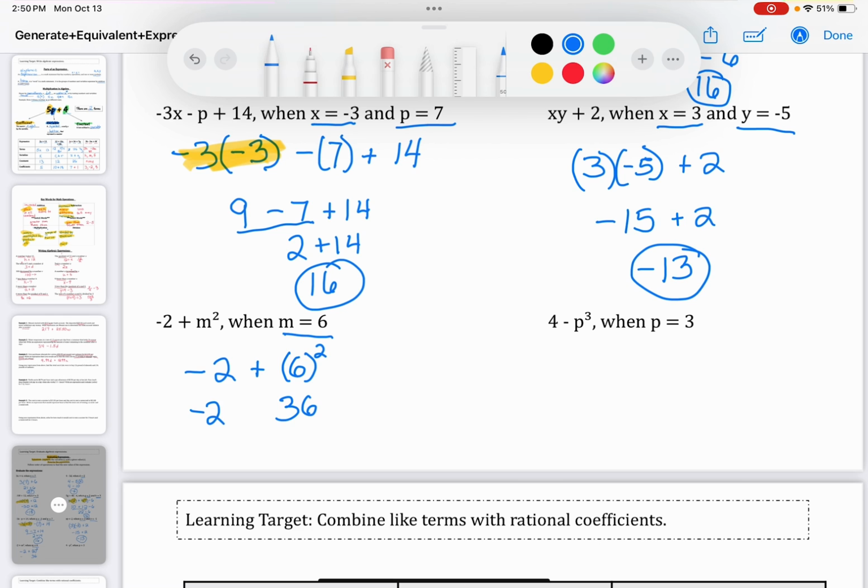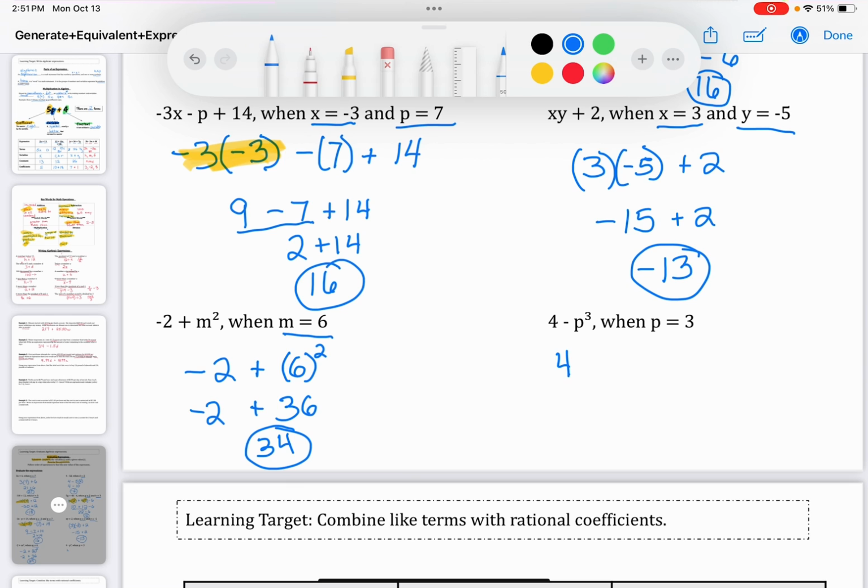So negative 2 plus 36 will be 34. So the trick with exponents is if the 6 had been negative, it would have gone inside my parentheses and it would have been squared.